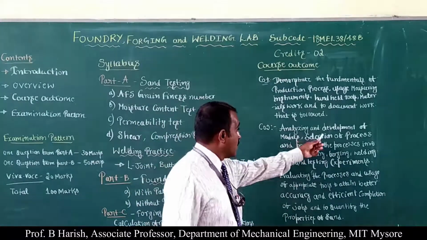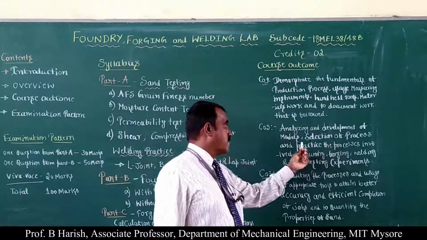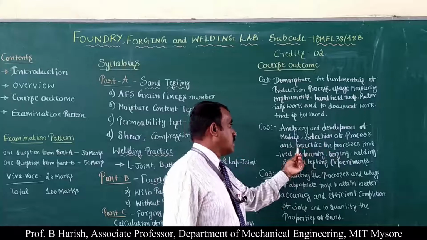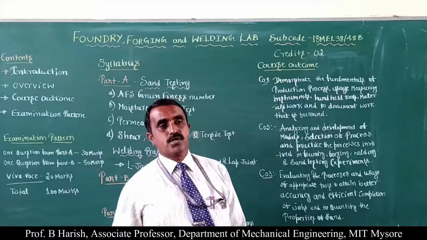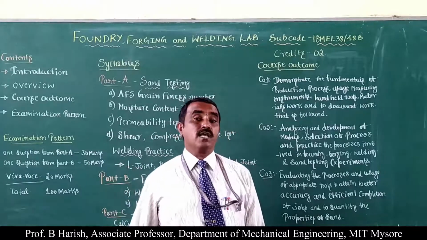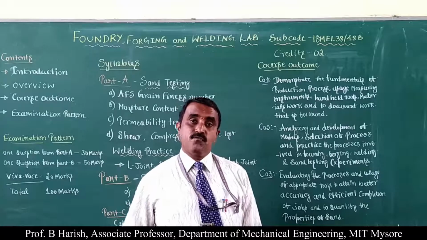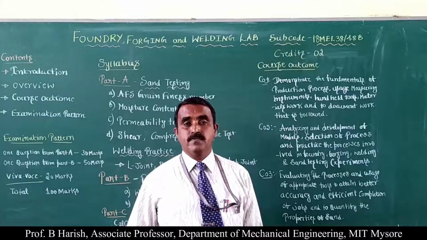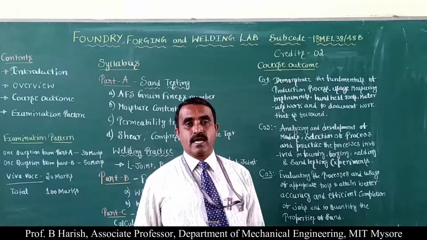Here the first part is analyzing and development of models, selection of process and practice of the process. What type of mold should be prepared? What type of forging has to be carried out? What are the different operations that have to be carried out in forging? In forging we have different operations, and in order to finish that model, which operations have to be carried out?